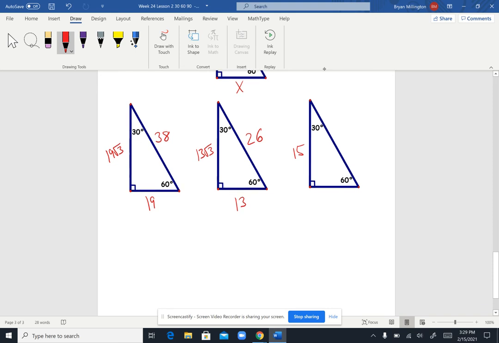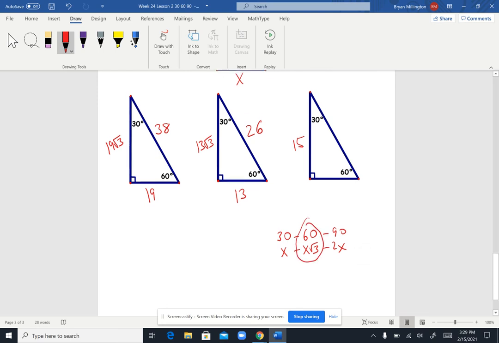But again, the one that's across from the 30 is x. The one that's across from the 60 is x root 3. The one that's across from the 90 is 2x. So in this case, we're giving you the one across from the 60. We're telling you that it's 15. So you can say, okay, 15 is equal to x root 3. And then we can try to solve this using some algebra.